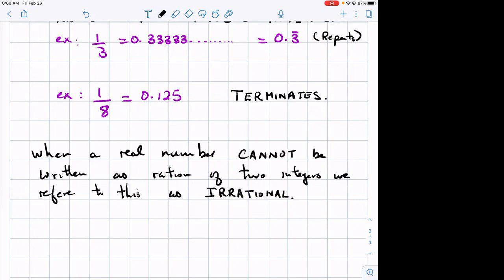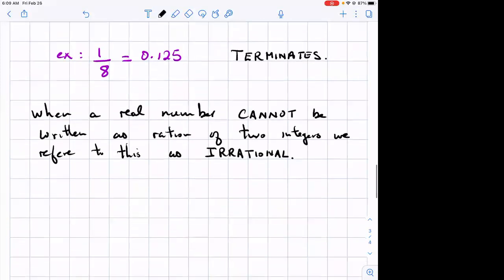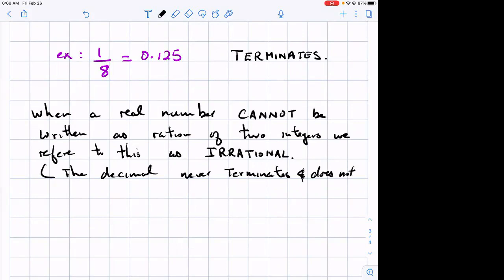It means the decimal representation never terminates. For irrational numbers, the decimal never terminates and does not repeat.